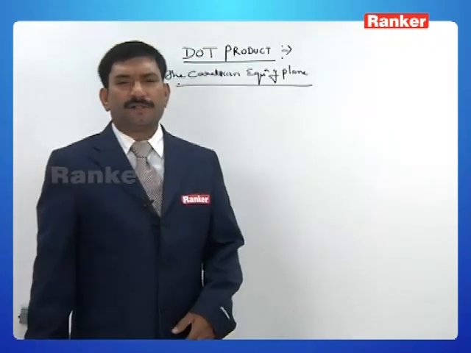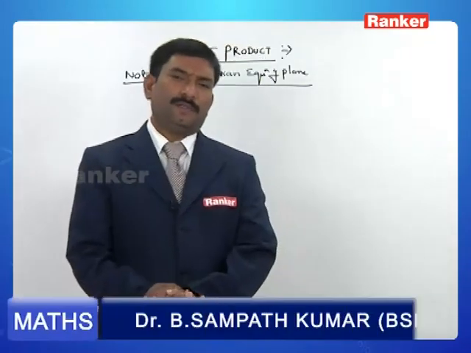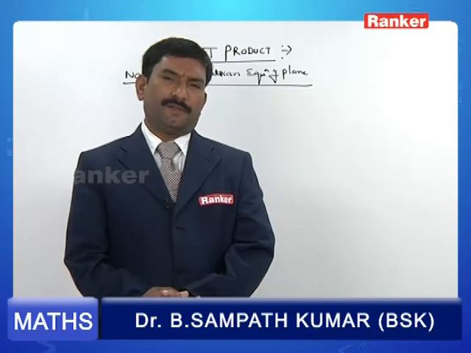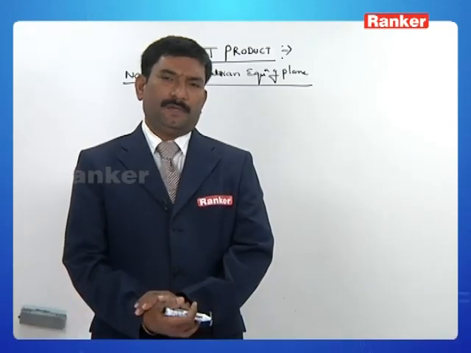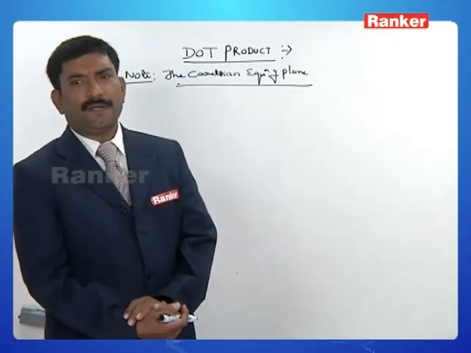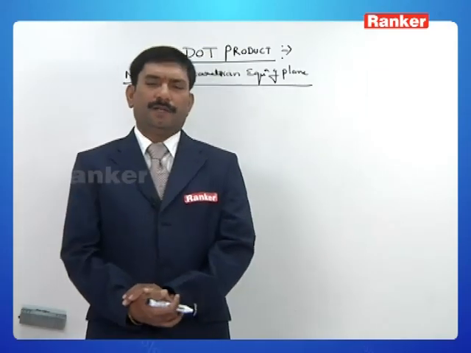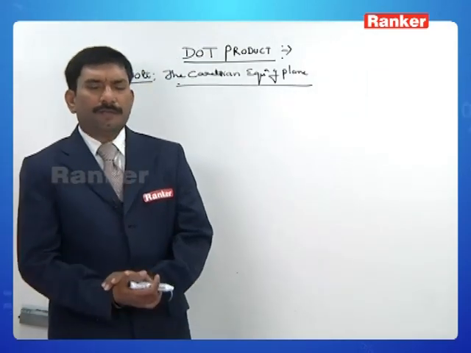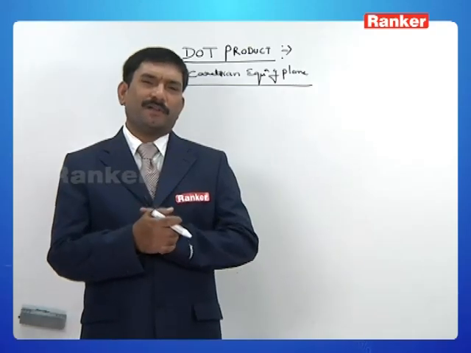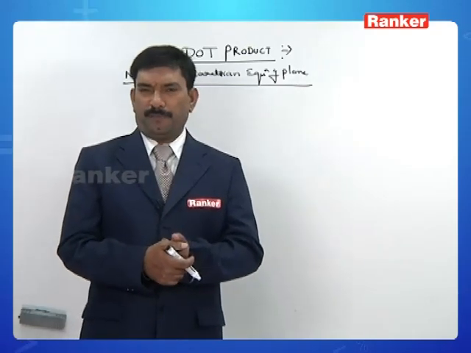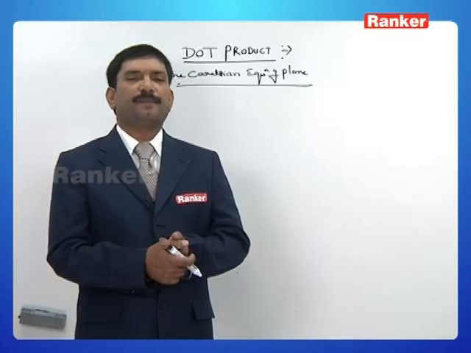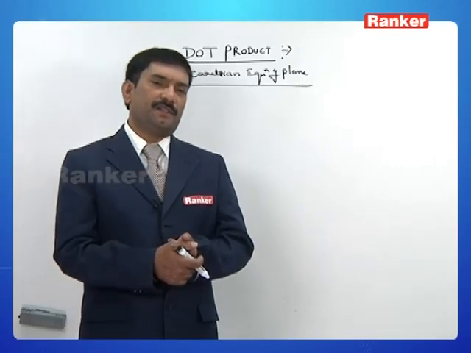Just now you came across the vector equation of a plane. Now the Cartesian equation of a plane, what is it? Instead of representing it as r bar dot n cap is equal to P, let us represent in terms of x, y, z.